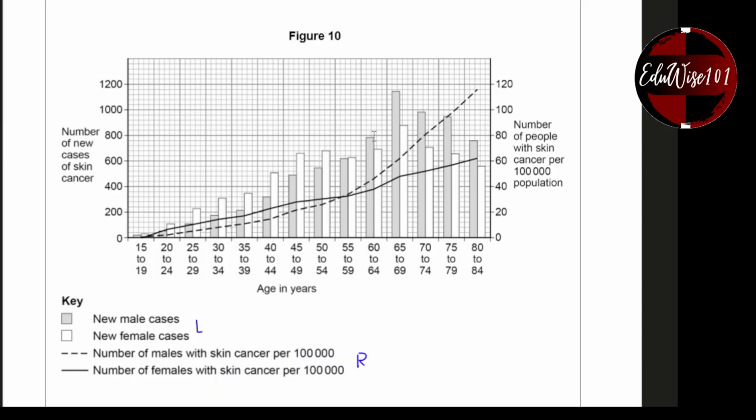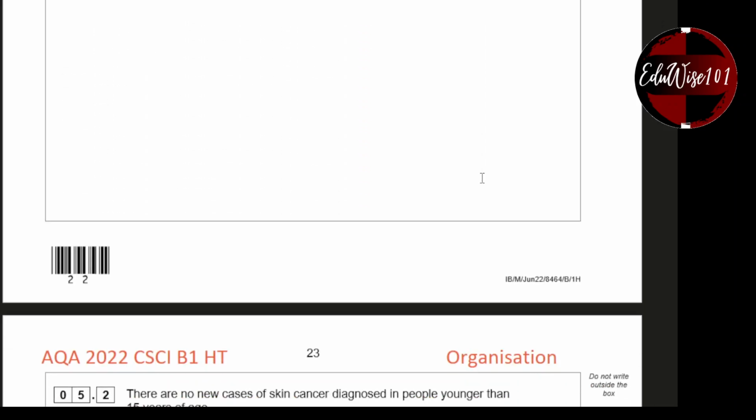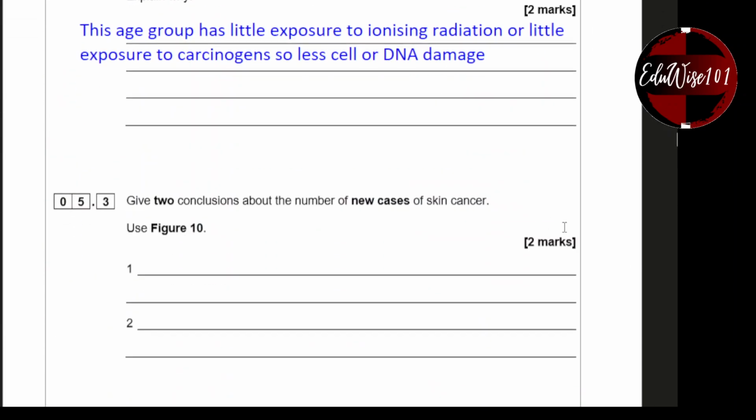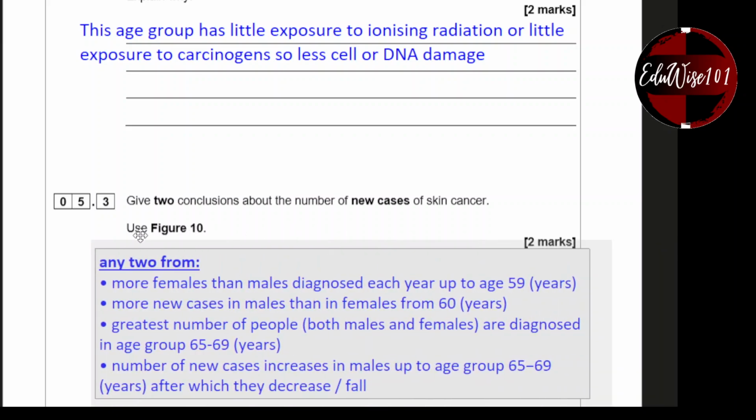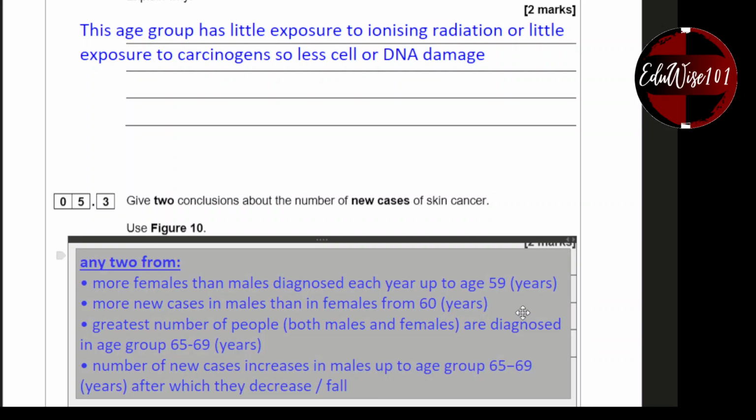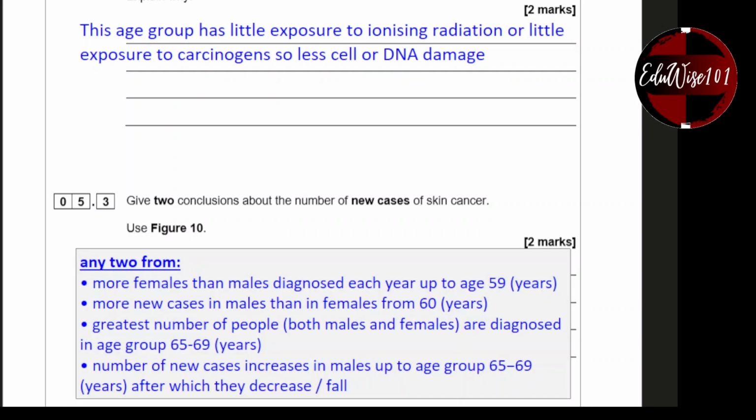And then the number of male cases actually increases after age 60, and then it keeps on increasing. So, 2 conclusions. Yes, some examples. More females than males are diagnosed each year up to age 59 years.